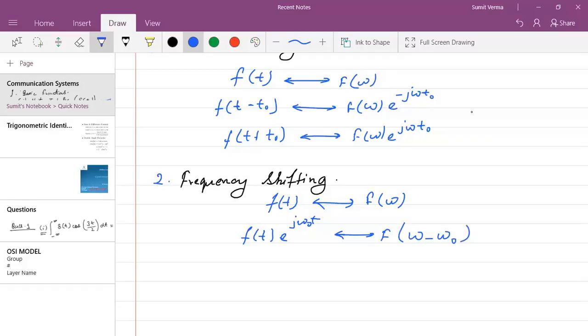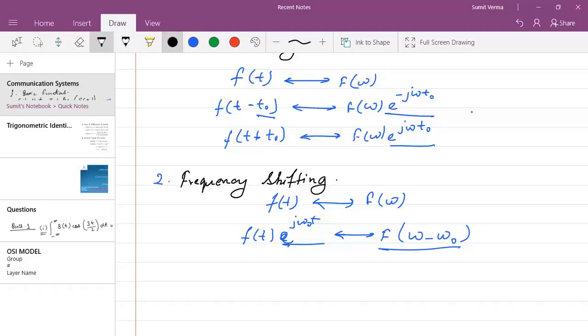So it's just the reverse of the property that we saw above. If you are shifting in the time domain, you get a multiplication factor in the frequency domain. If you are multiplying with an imaginary exponential function e to the power j omega naught t, then you get a shift in the frequency domain. That is the frequency shifting property of Fourier transform.